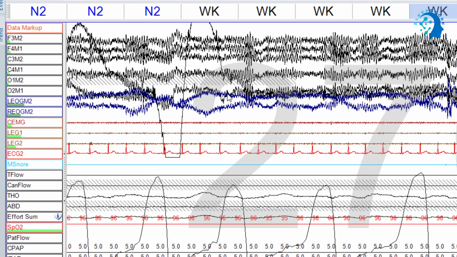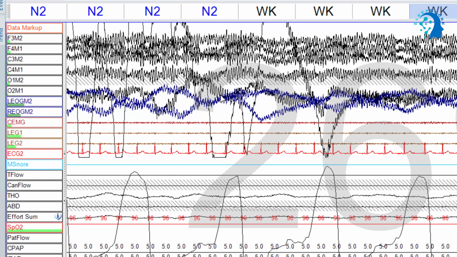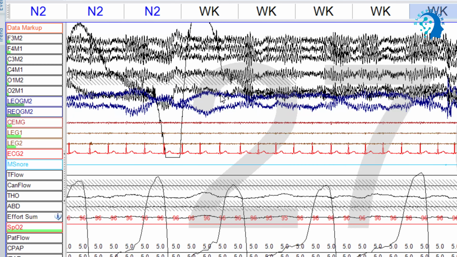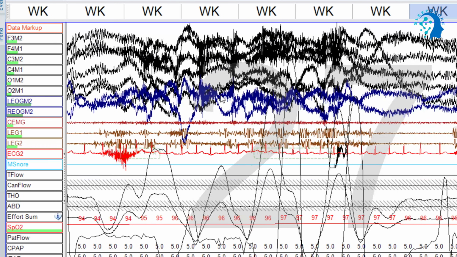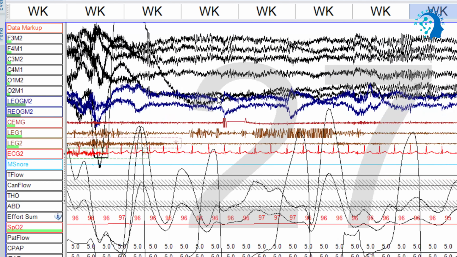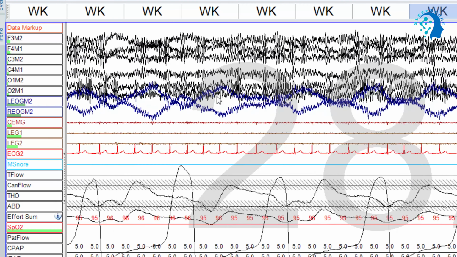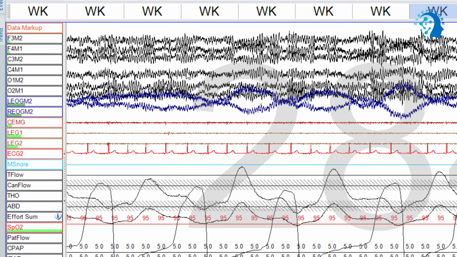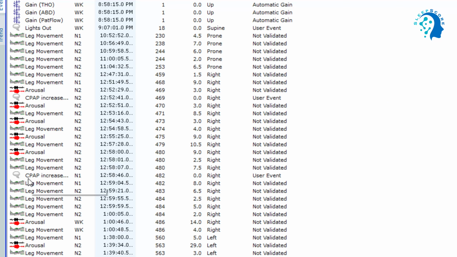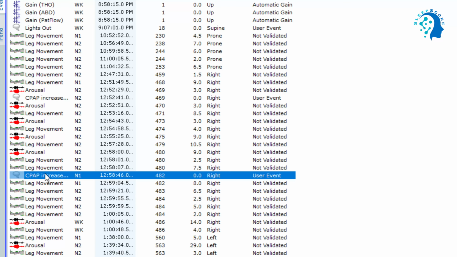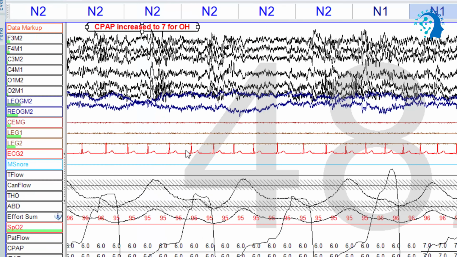And now it seems like the technician fixed the O1. Okay, so it is fixed now. O1 is fixed. But the thing is, the technician did not put the note on it.